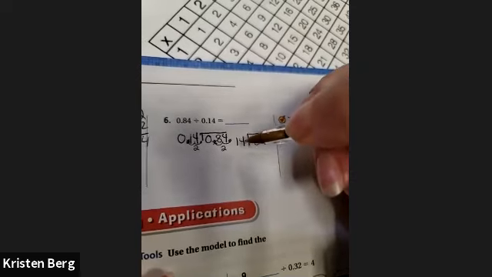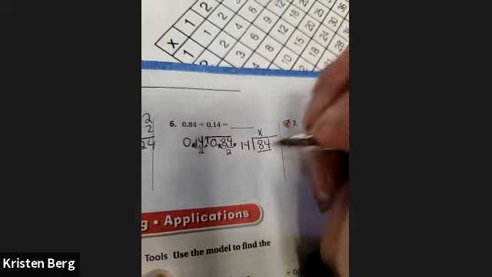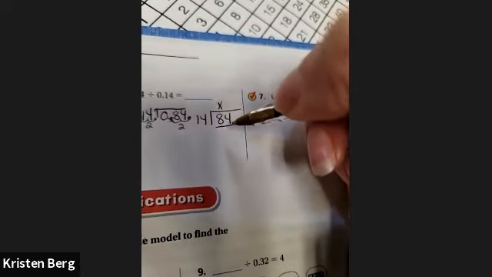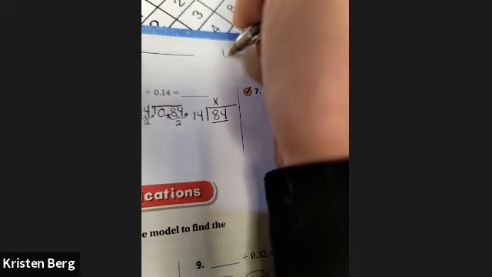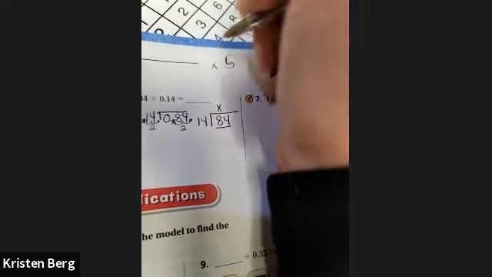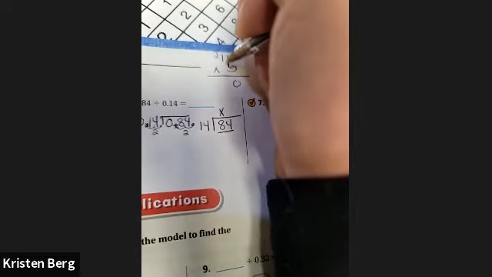So how many 14s can go into 8? You can't do that. How many can go into 84? Well, we don't know. So if you don't know, always start at 5. So that would be 20, carry your 2. And that would be 5 times 1 is 5, plus 2 is 7.